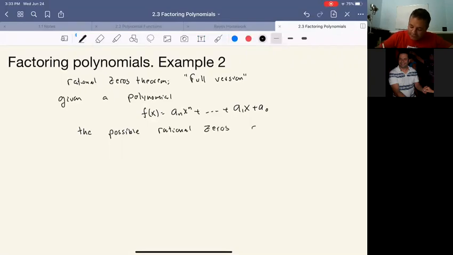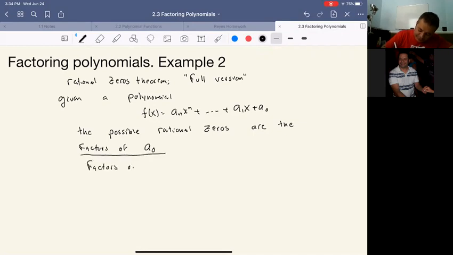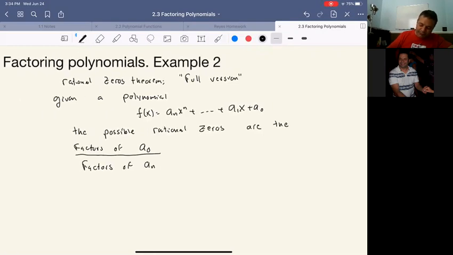are the factors of a sub 0 divided by the factors of a sub n. Okay, so let's do just a little example.